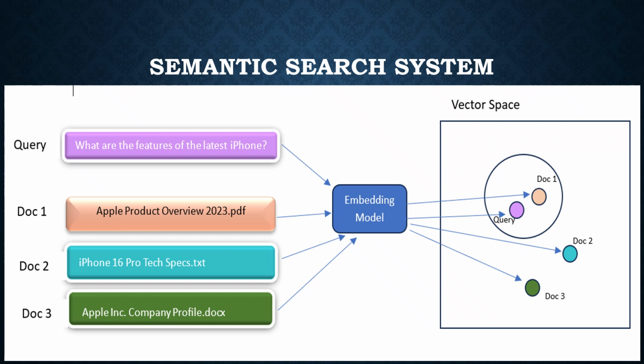This is document one, which is the Apple product overview of 2023, and again it is providing details of the latest Pro tech specs of iPhone 16 Pro, and this is document 3, which is Apple company's profile. Okay, so these three documents, currently I'm taking as an example.